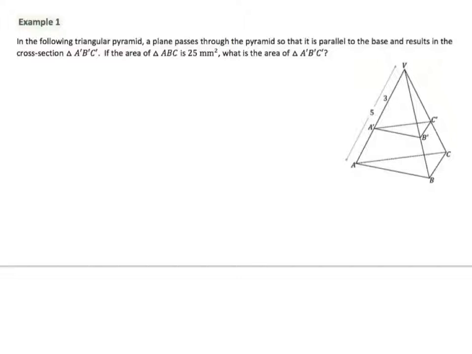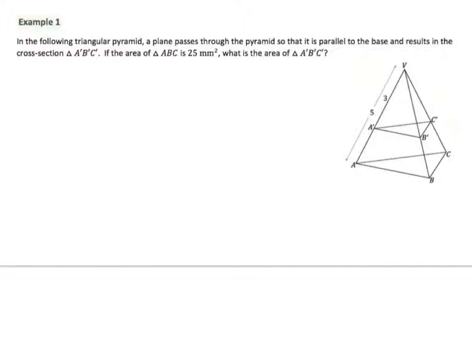So example 1, we've made the claim that a cross-section of a general cone is similar to its base. That means the sides are going to stay proportional, and we're going to use a scale factor to compare them. So using the following question as a means of demonstrating why this should be true. So let's look at example 1.